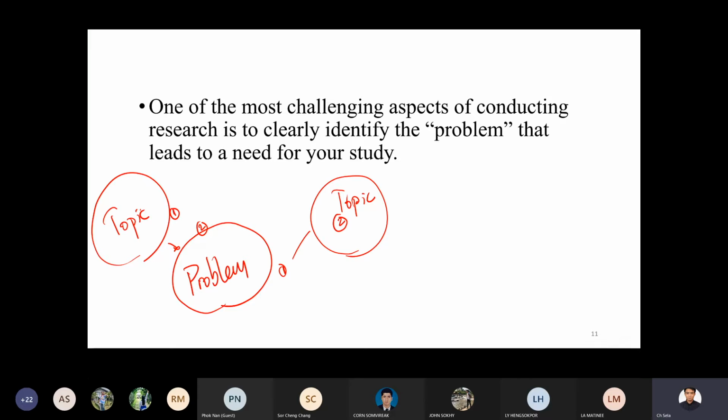Or sometimes you have the topic first, for example teaching method, or motivation. Motivation is a good topic. Even though many people have done research on motivation, I think in Cambodia people need to do more, because both students and teachers seem not to be motivated in improving themselves. Students are not motivated to study, maybe because of the learning environment.